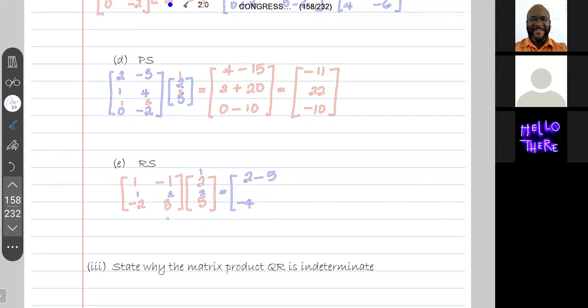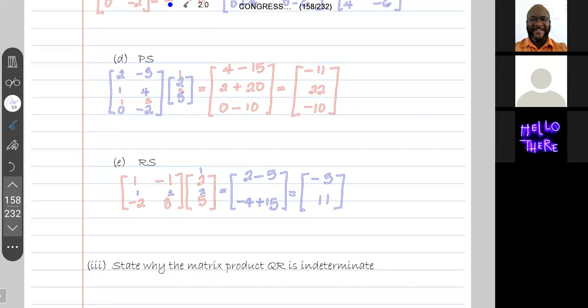And then 3 times 5 is positive 15. So this is 2 minus 5, which is minus 3. And minus 4 plus 15 is positive 11. So that is the matrix product RS.